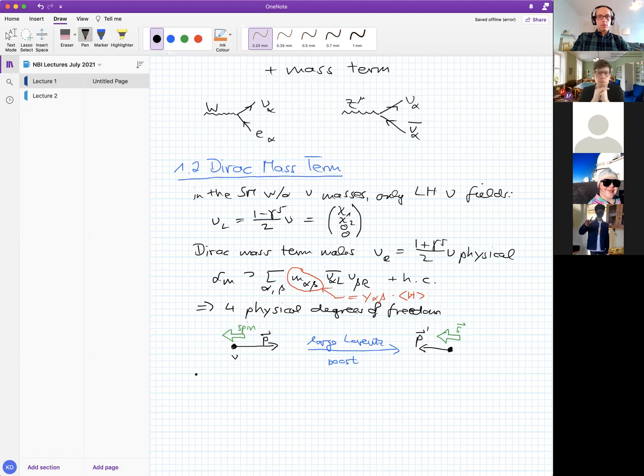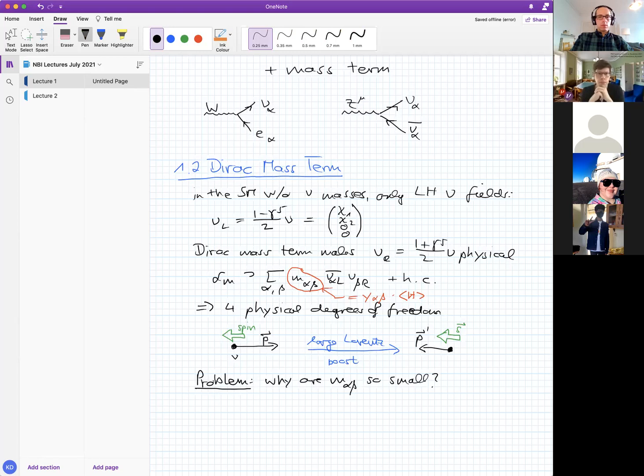And the question is, why is that so small? Why are M alpha beta so small? So it's not, let's say, an observational problem, but it's a theoretical problem to understand why they are so small.